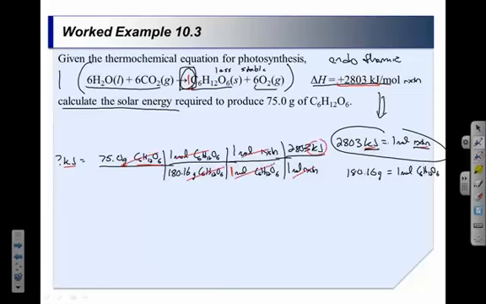So now I've got the unit I want. So I just need to plug all that in. 75 divided by the molar mass times 2,803. And I get, with 3 sig figs, 1.17 times 10 to the third kilojoules.